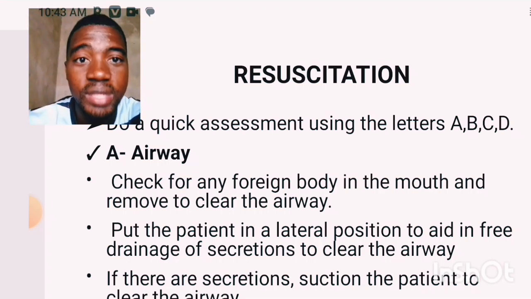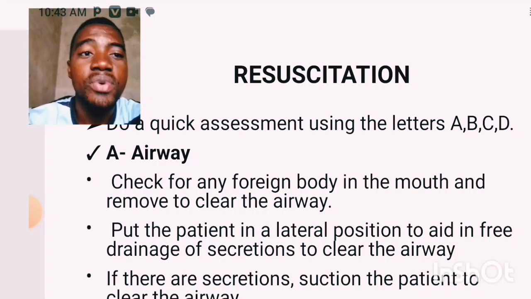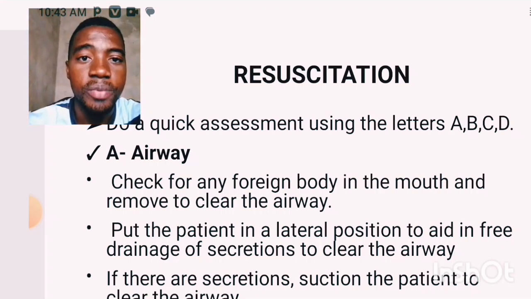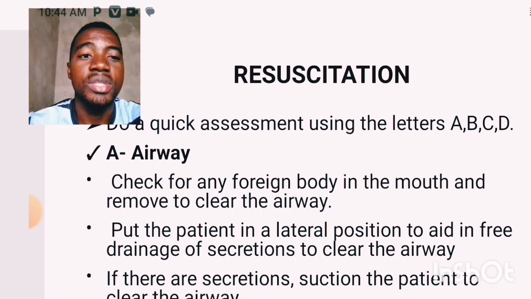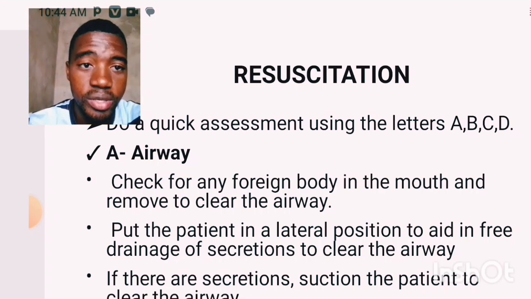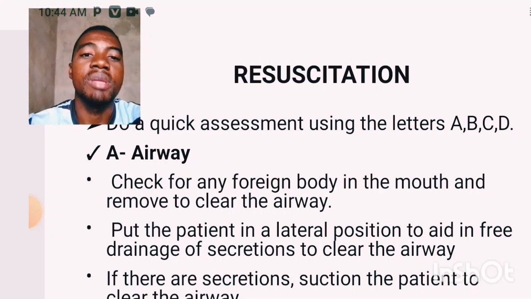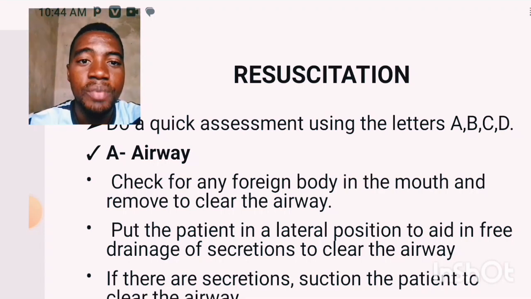You underline, then you say, I will check for any foreign body in the mouth and remove to clear the airway. Point 2, I will put the patient in a lateral position to aid in free drainage of secretions to clear the airway. Then number 3, if there are secretions, I will suction the patient to clear the airway.